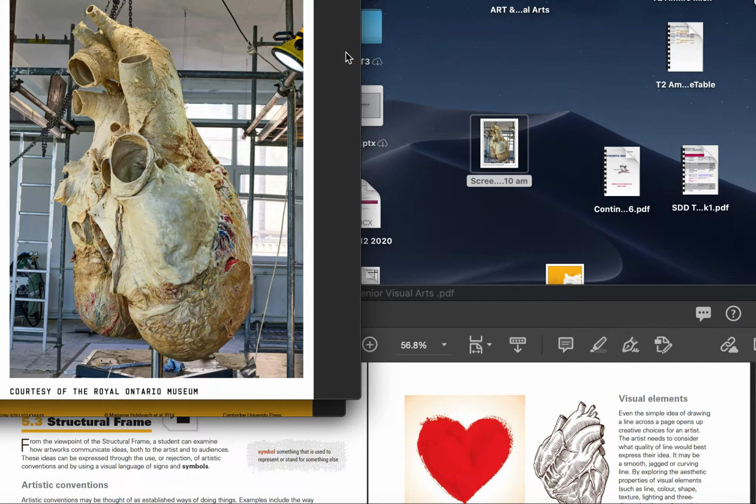Okay, so looking at this image here, this here is an image of a heart, okay? What type of heart is it? Well, it looks very similar to the drawing, except it's actually a realistic heart. Is it a human heart? Well, we don't know this because there's no citation to this.